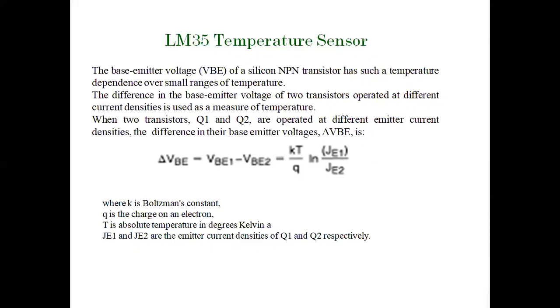Internally it measures the temperature, that temperature changes the base emitter voltages of the transistors, those transistors produce a proportional change in net voltage, and that net voltage is represented on your console in degrees Celsius. So finally, the answer you get is in terms of temperature only. Internally, a voltage is produced which is directly proportional to the temperature being measured.